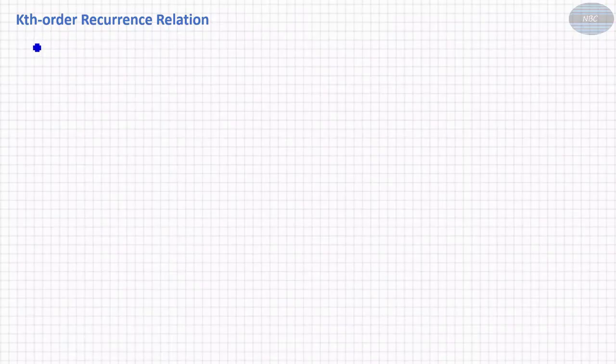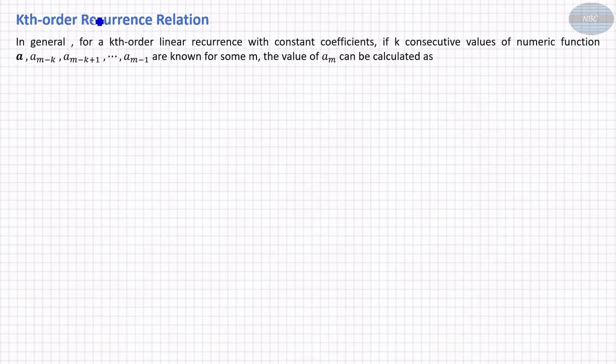In this lecture, we'll study the kth order recurrence relation. In general, for a kth order linear recurrence with constant coefficients, if k consecutive values of the numeric function a, that is a_{m-k}, a_{m-k+1} up to a_{m-1}, are known for some m, the value of a_m can be calculated by this particular step.